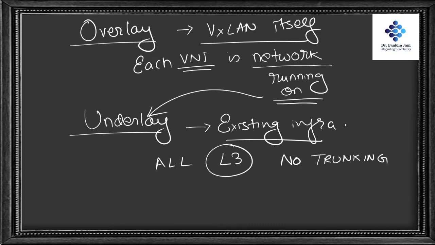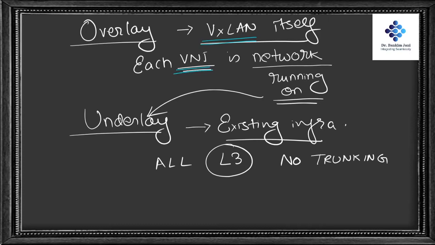It looks very cryptic, this overlay, underlay. That means in overlay, our whole purpose is to create VxLAN. And when we are creating this VxLAN, we are defining it as a VNI by giving a specific number.